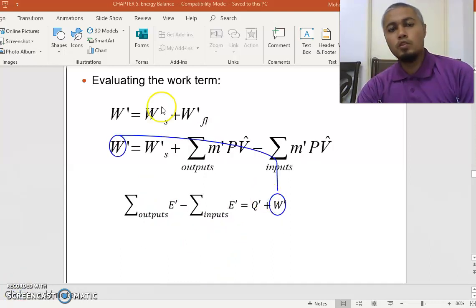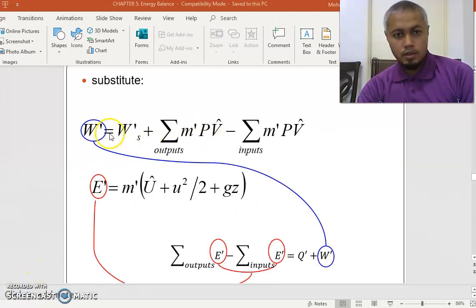But before that, we need to edit the work term, where we already learned that for an open system we have shaft work and also flow work. Then if we expand the formula, we will have shaft work plus output flow work minus input flow work. And then later on, we are going to substitute the work term inside the formula that we have obtained previously.